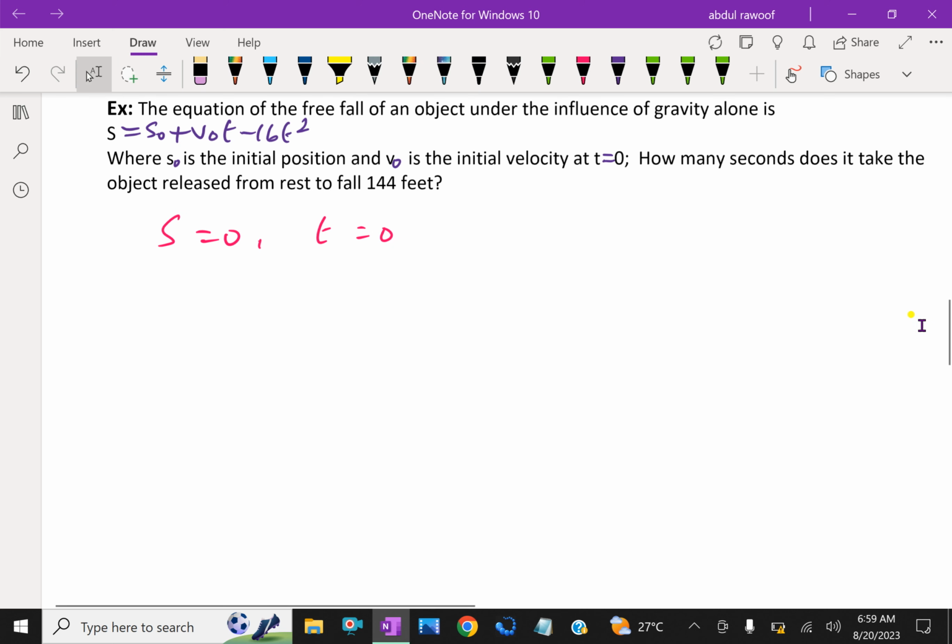Therefore, we have to write the equation first. S equals s0 plus v0 t minus 16 t square.